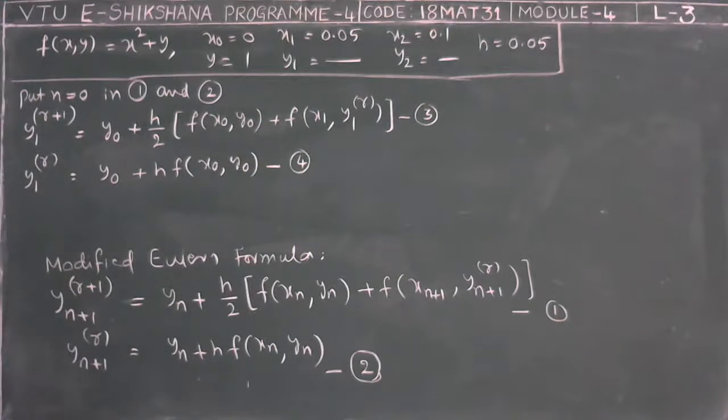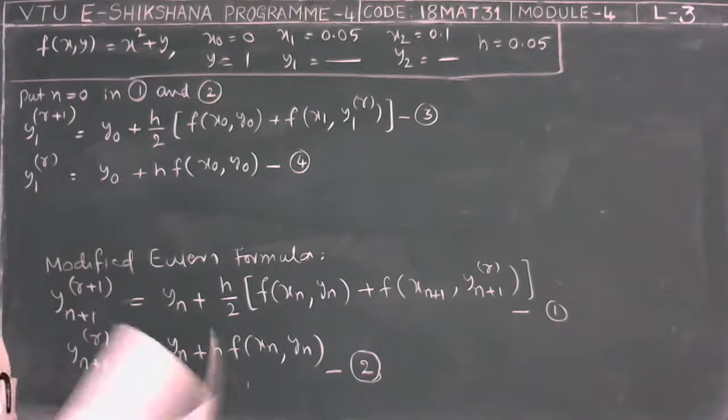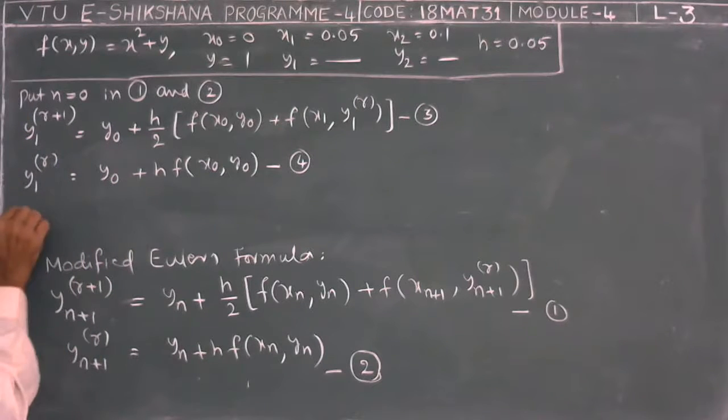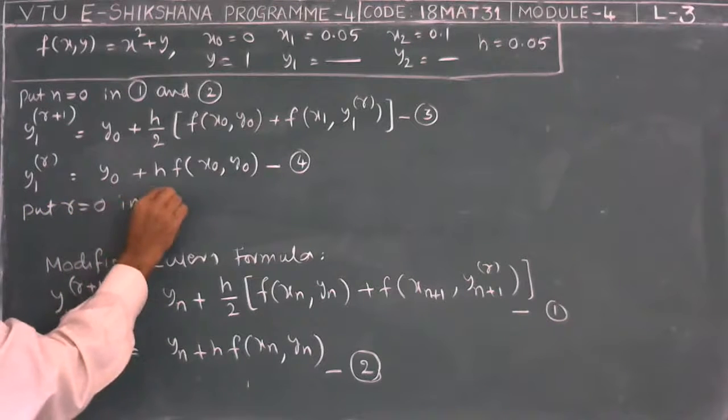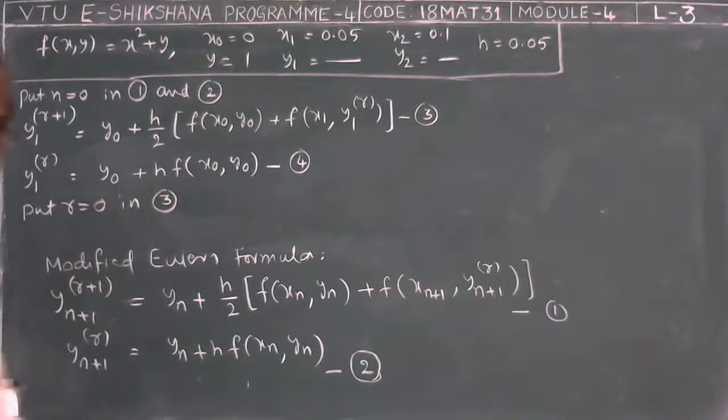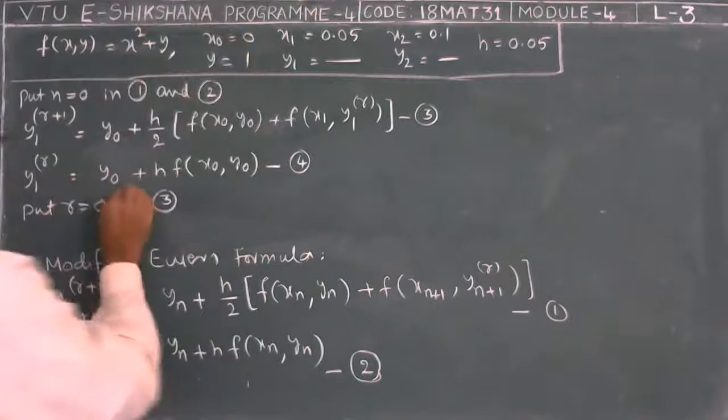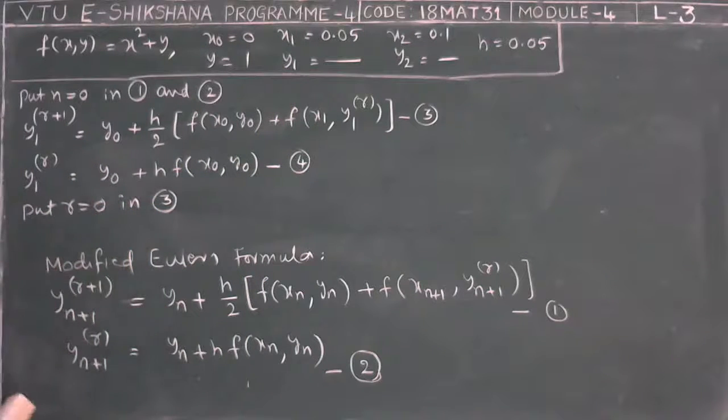Now for the iteration, let me fix r is equal to 0 in 3. So put r is equal to 0 in the equation 3. So what do we get?